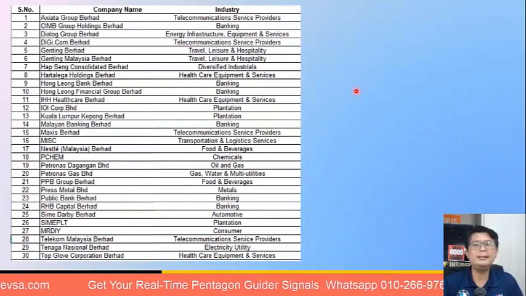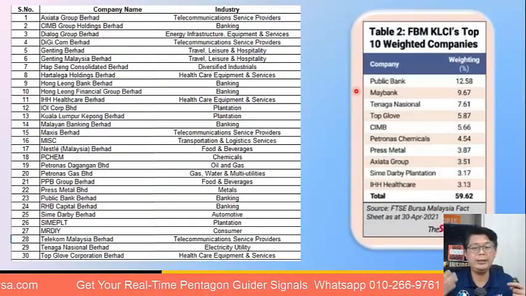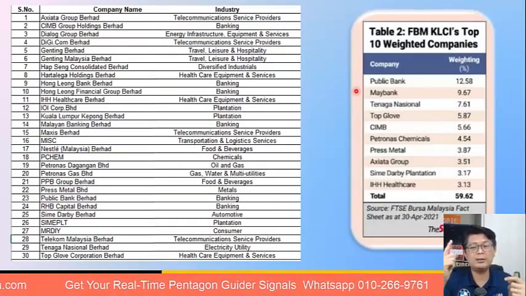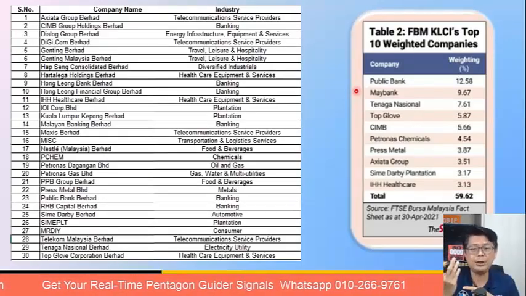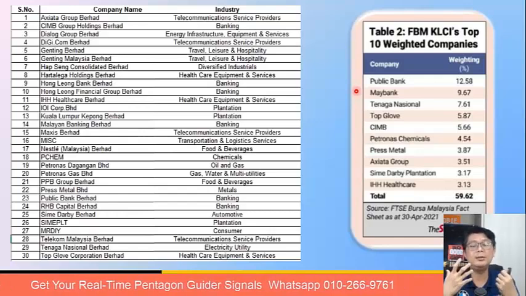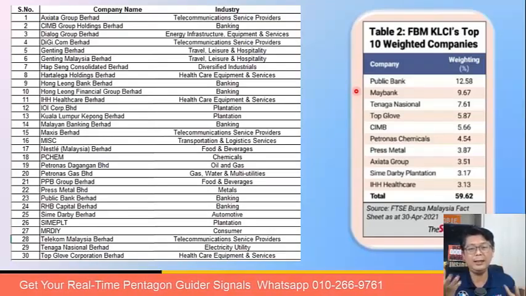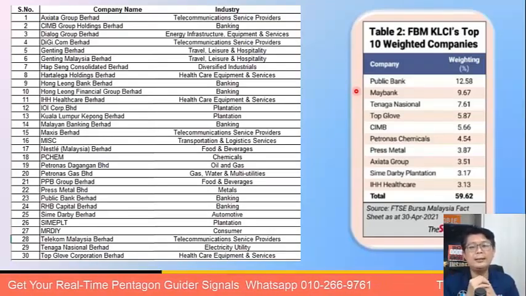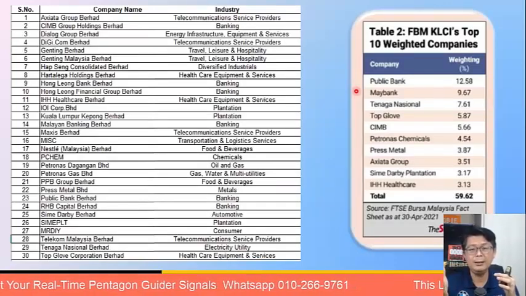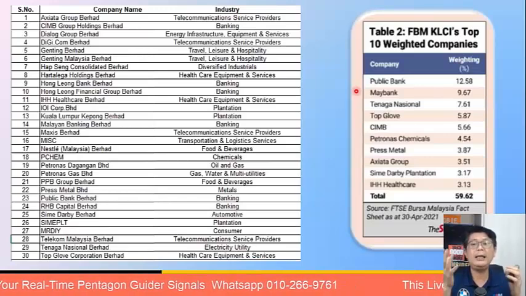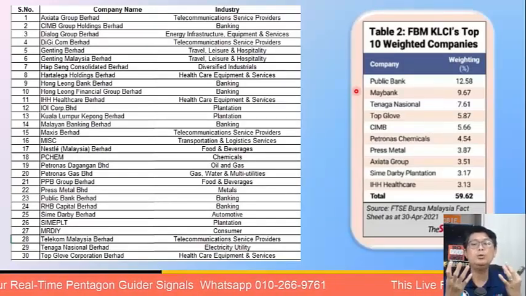Now this is the basis for our KLCI, where we look at all the first criteria. We already said that when we want to buy this, it usually has to be large cap. When it's large cap, the business is strong enough to have the earnings to pay dividend. Companies that are not strong enough sometimes pay dividend too, but they need to use those earnings to grow.